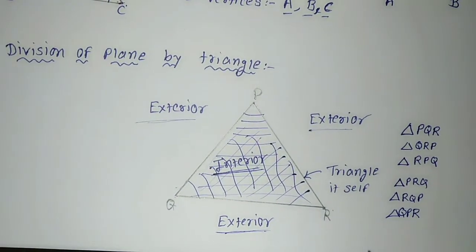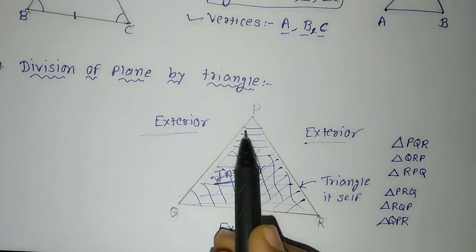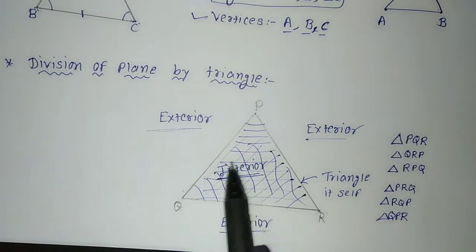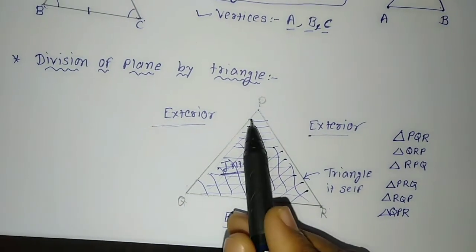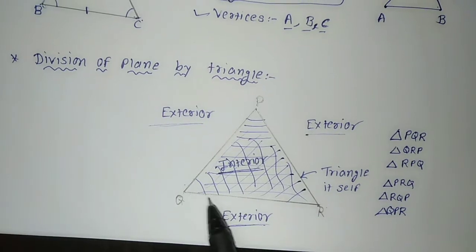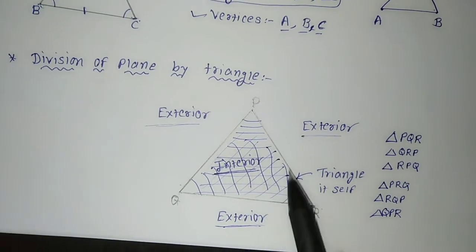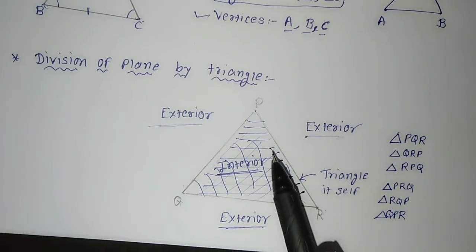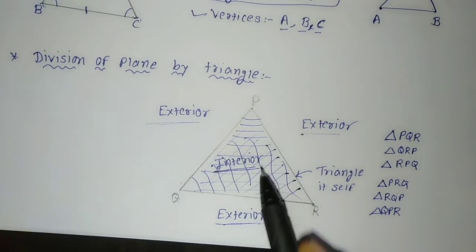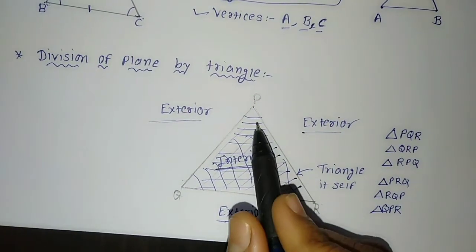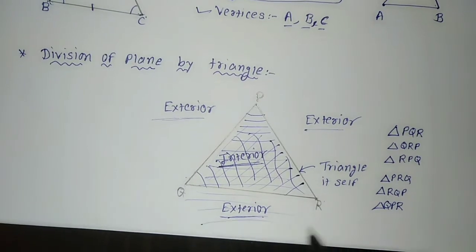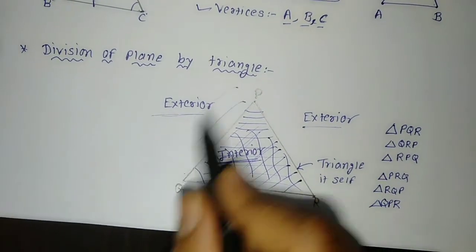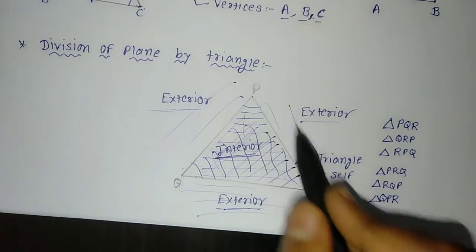I hope you understand. When we are talking about the interior, it is the intersection of all the angles. This is angle P, this is angle Q, and angle R. Wherever all these angles are intersecting each other, you know, this angle is moving ahead this way, angle R would be moving ahead this way, and angle Q would be moving ahead this way.